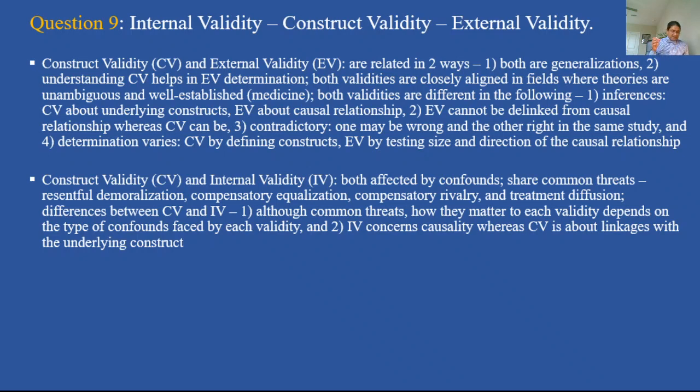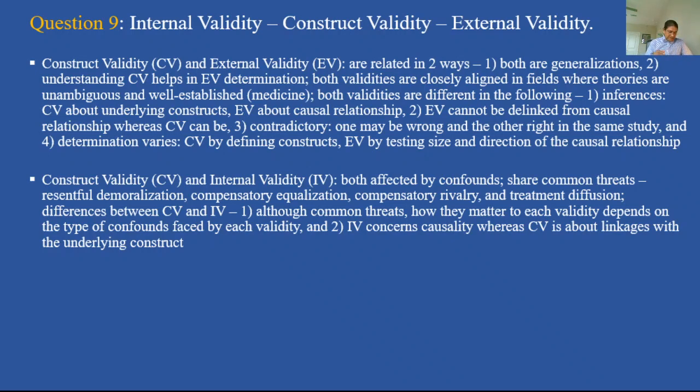Third, the two validities can be contradictory, meaning when construct validity is right, external validity may not be valid, and vice versa. And the fourth differentiating factor is that the test methods are different. Construct validity is about proper detailing of the construct, whereas external validity is about testing the size and direction of the causal relationship.